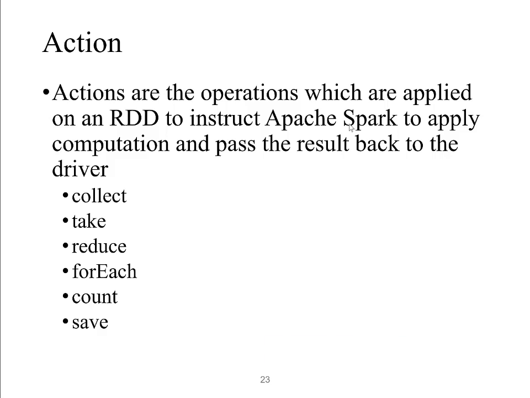Well, this does not mean that the result has to be a number or a single string or whatever, but simply that the type is not RDD, and it has something to do with the process of transformations and actions, and also the RDD lineage and DAG, which we will discuss later.